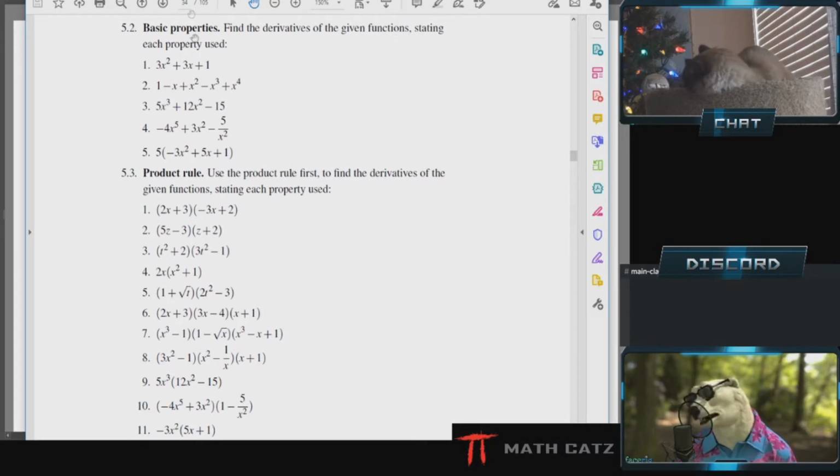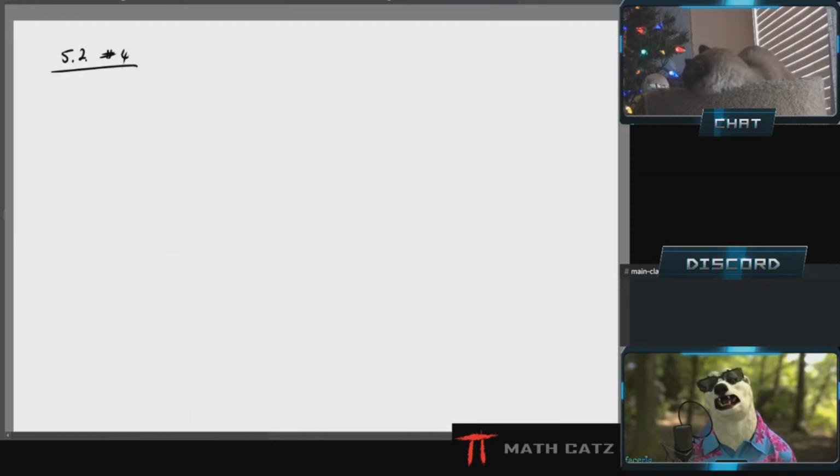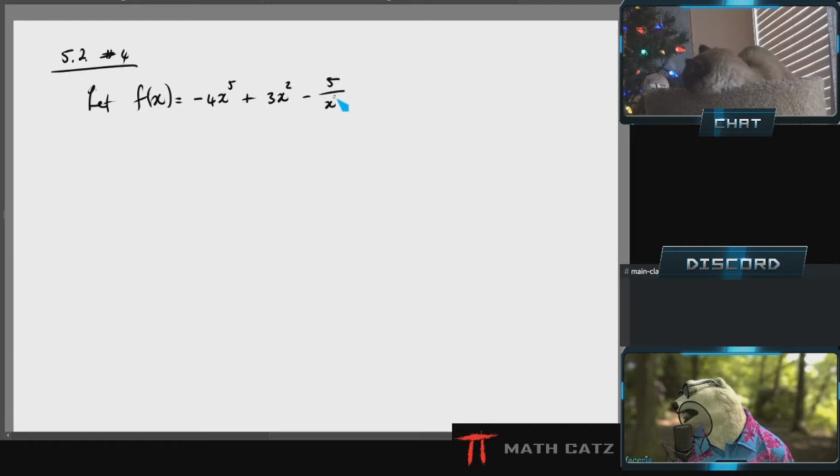I'm going to have to drag this over so I can copy this down correctly. So I want to find, let's just call this f of x, negative 4x to the 5 plus 3x squared minus 5 over x squared.